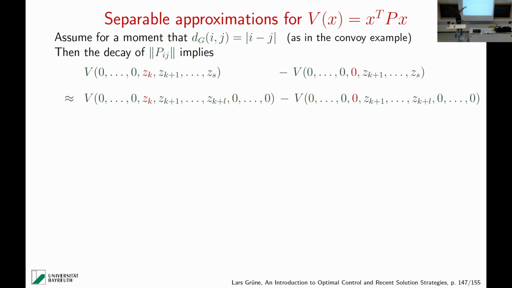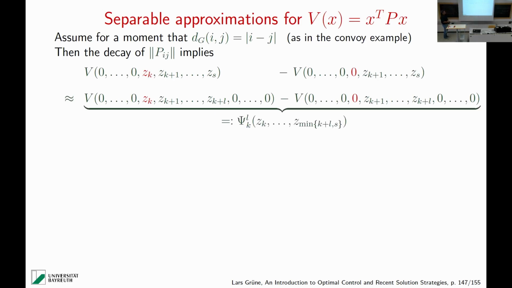What is different between the first and the last? Here you have taken everything that comes after k plus L in the variables and set it to 0. And the same here. This is the difference. So we remove everything which is further away than graph distance L from k.